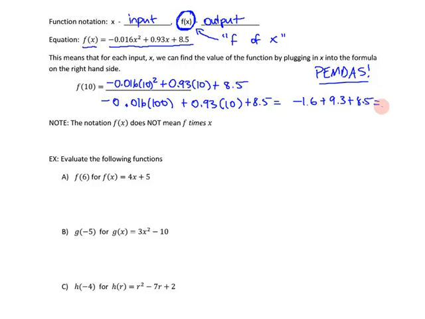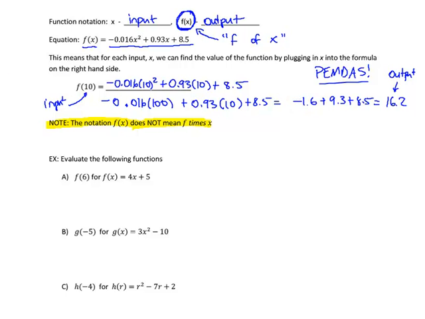And a quick punch of the calculator gives me 16.2. So 10 is the input, and 16.2 is the output. Again, let me emphasize over and over again, the notation f of x does not mean f times x.